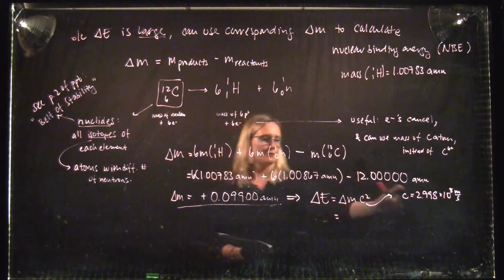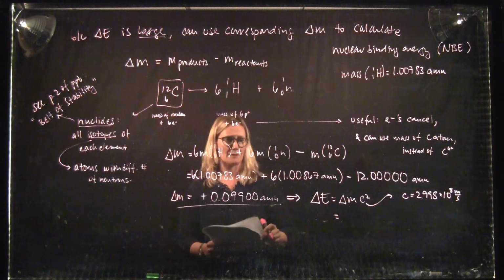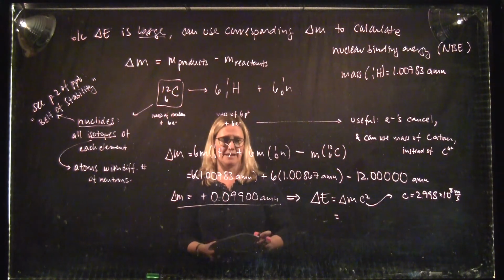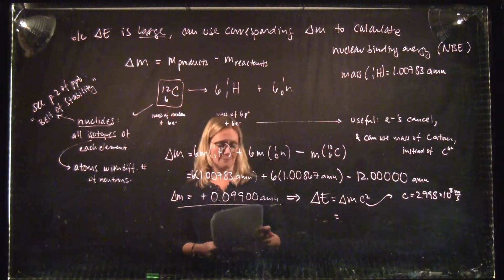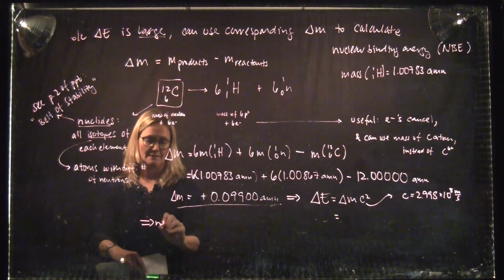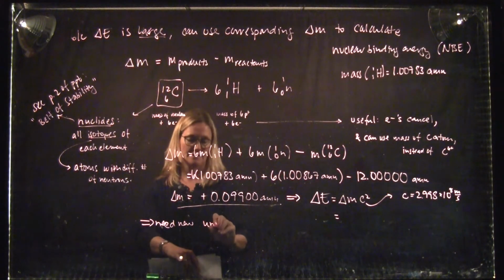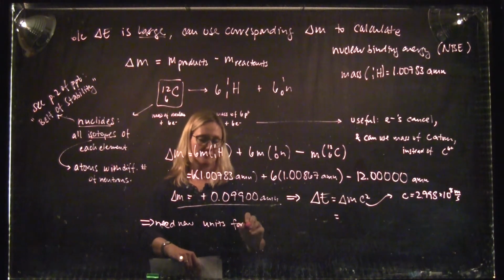But these are not very useful units here if I'm talking about AMU, atomic mass units, and I want to convert somehow to an energy unit. So we need new units, new units for the speed of light.